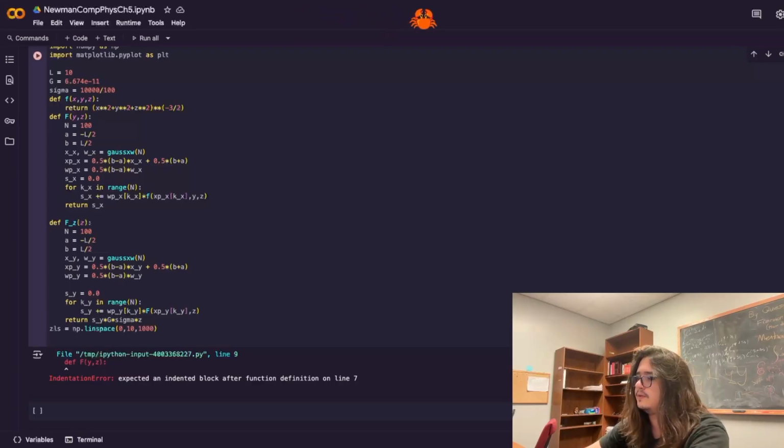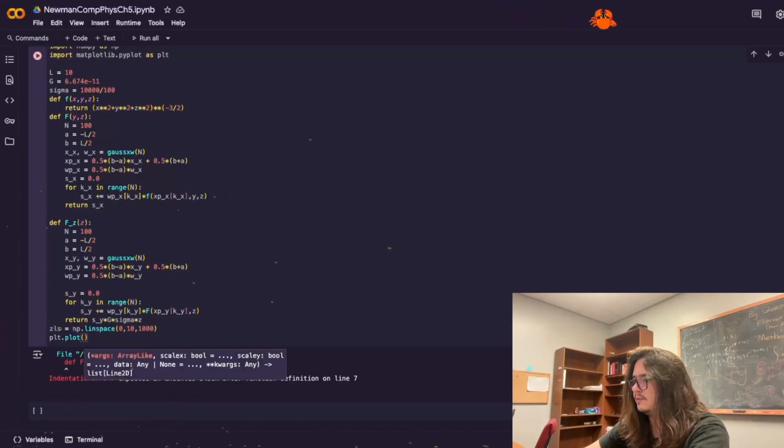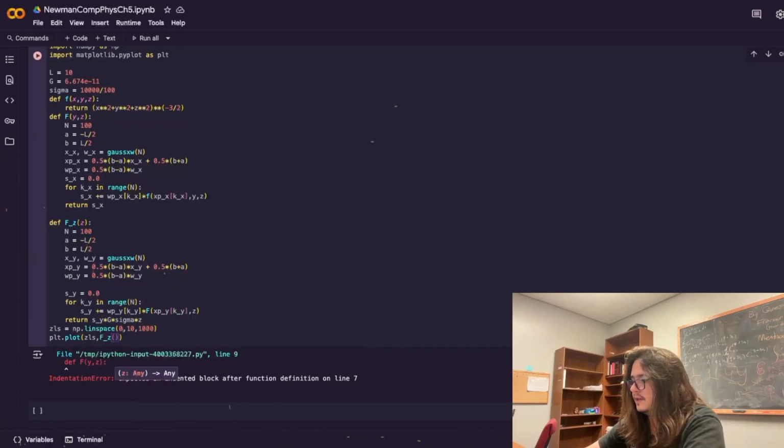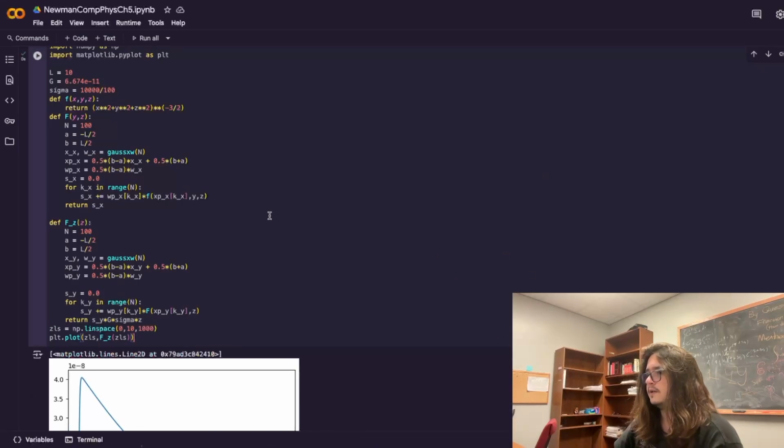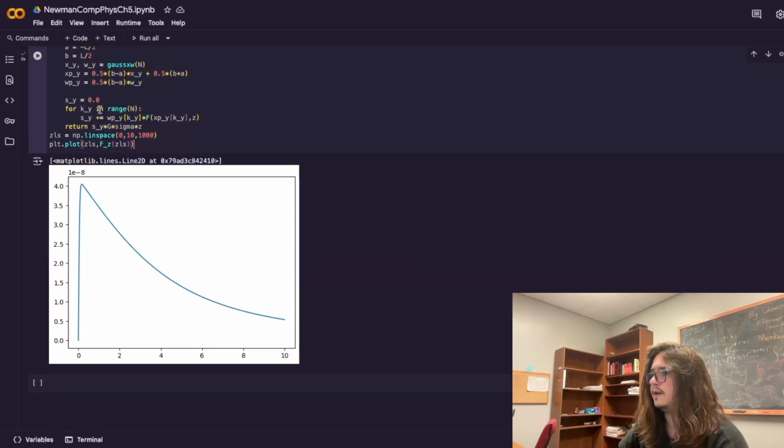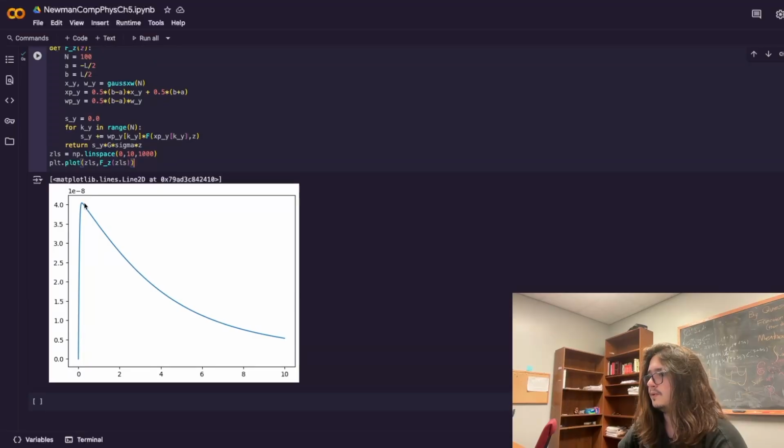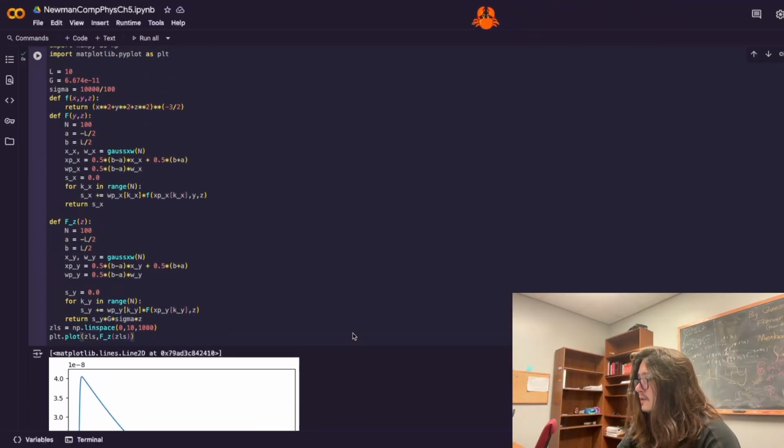So I'm just going to go straight into the plot line where we plot ZLS versus f sub z of ZLS. And you get something like that. So it smoothly decreases in gravitational force the further you move away, which makes sense, and it's like an inverse squared law, so that's all sensible.